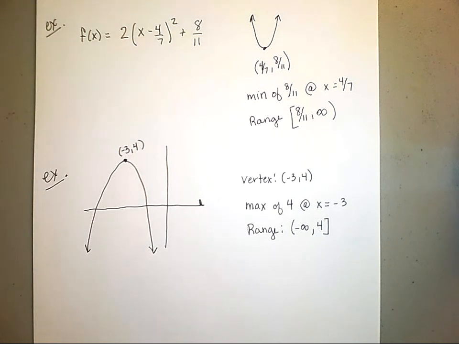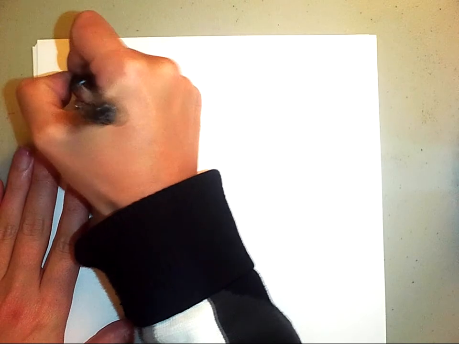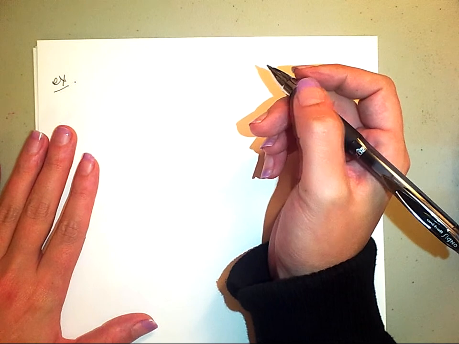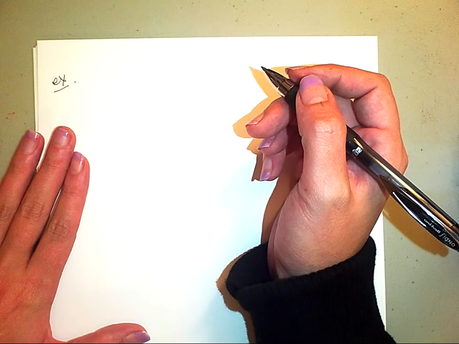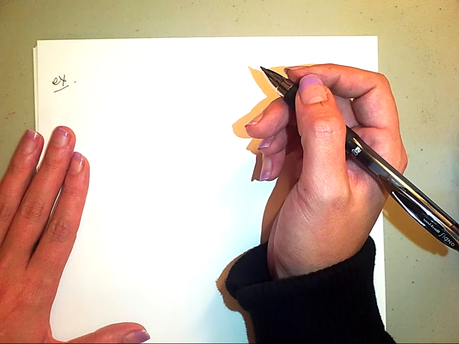Okay, so now let's do a problem where these minimum and maximum qualities of a parabola could help us solve something. Alright, so we've got a backyard farmer, and they want to enclose a rectangular space for their garden.